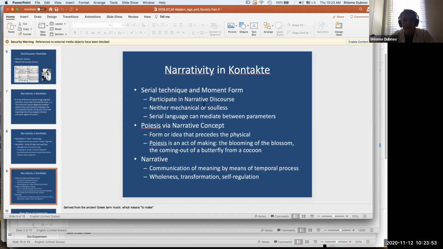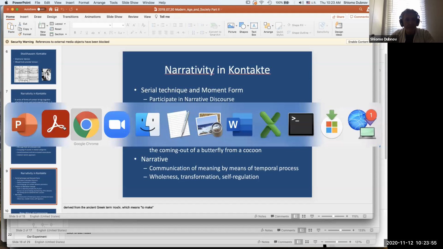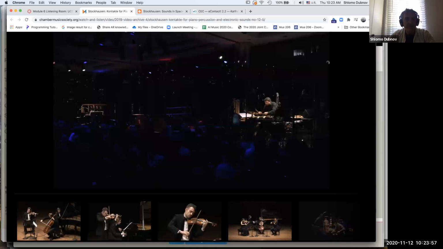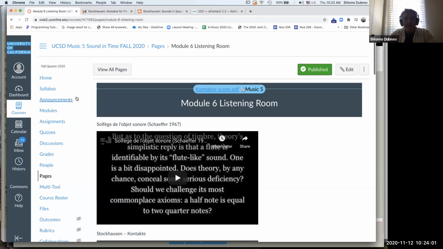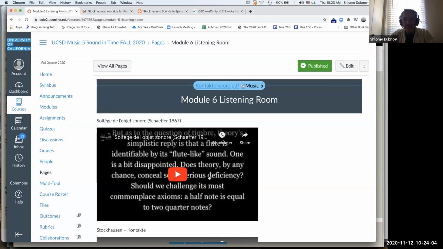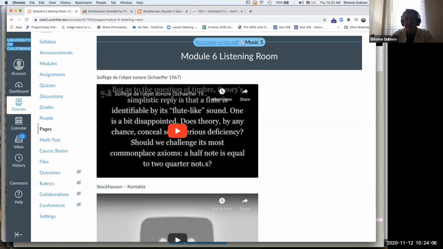And just as a point of reference, when we were talking about trying still to categorize and listen to the objects in some way, this is the first video, the solfège de l'objet sonore, or the ear training of the sound object, right? This is really where the people who did tape music and tape collages started thinking about categories of sound, textures of sound.